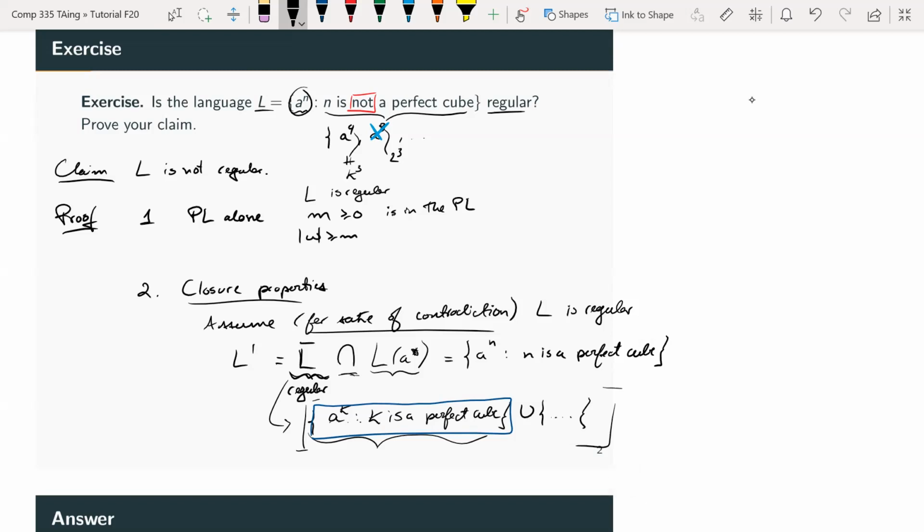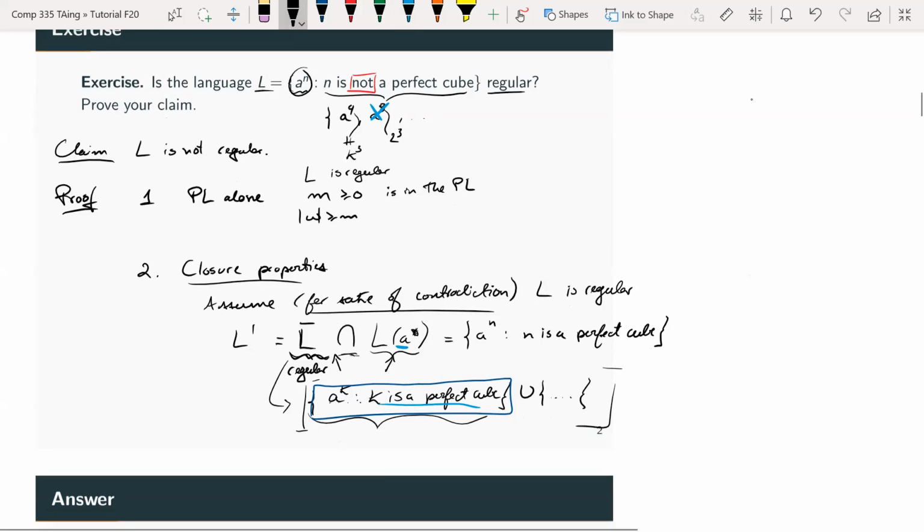Okay, so what I'm doing is using the intersection property so that all of my strings are going to look like both this and this. And the only way for that to happen is for my string to be a sequence of a's, and also a perfect cube. So those are the strings that are in common.